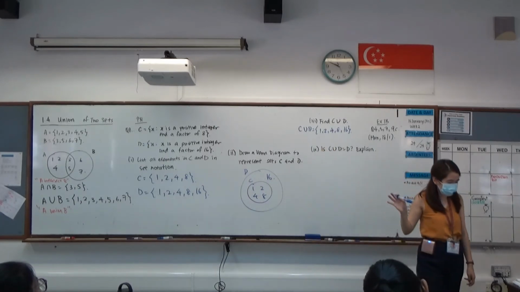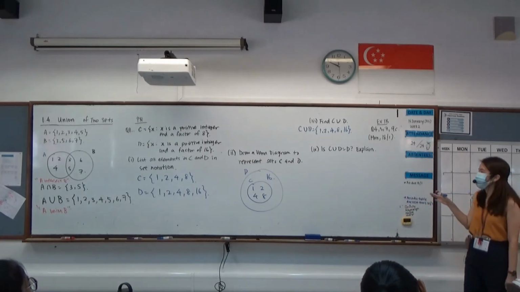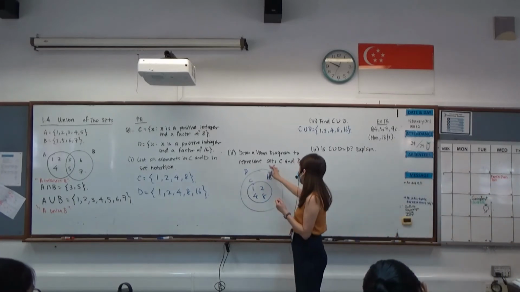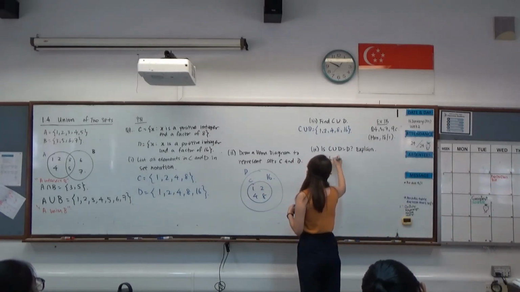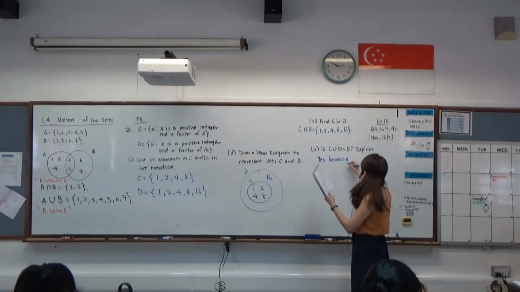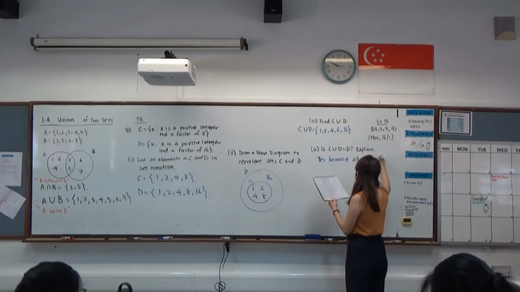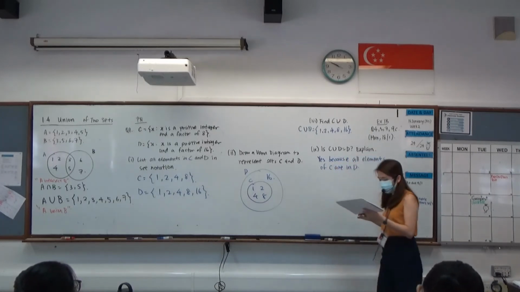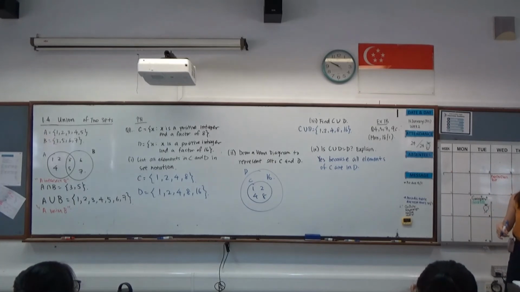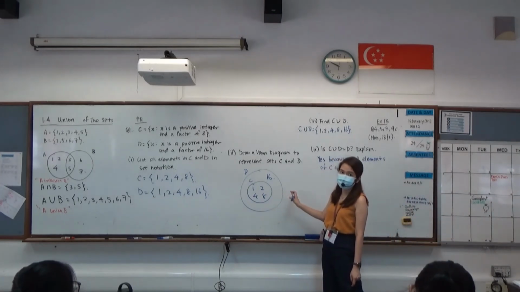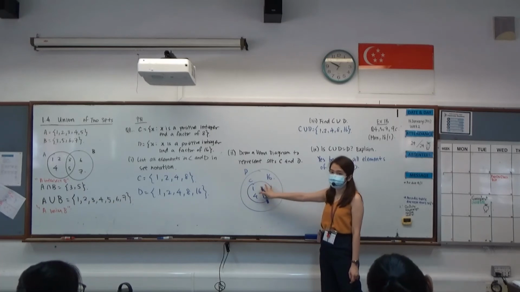Sorry, I didn't realize that was a fourth question. So in part 4, the question asked is whether C union D equals D. Yes, because you see that it is the entire thing, and the reason is because all elements of C are in D. So that's why C union D would be the set D. We notice that if there is a proper subset situation, the intersection is the smaller set just now.